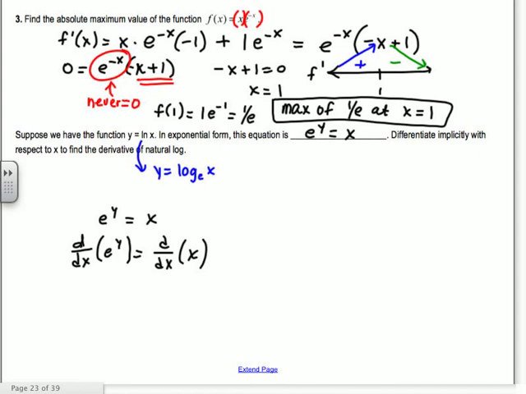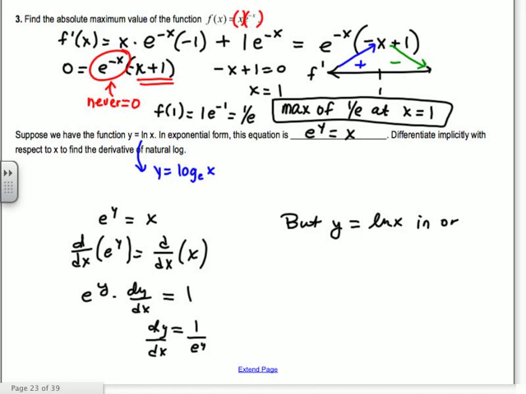Yeah, so the derivative of e to the y is e to the y times dy over dx equals 1. So if I'm trying to solve for dy over dx, I get 1 over e to the y equals dy over dx. But y was equal to natural log of x in the original.